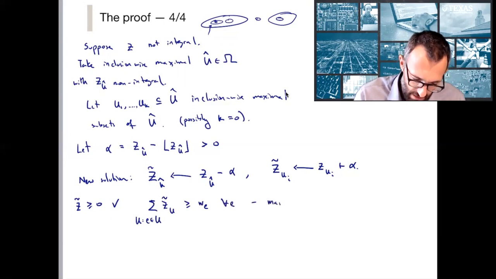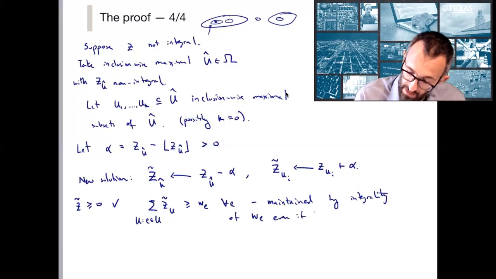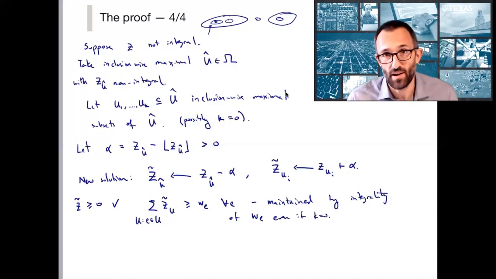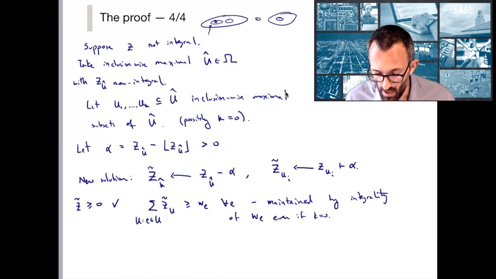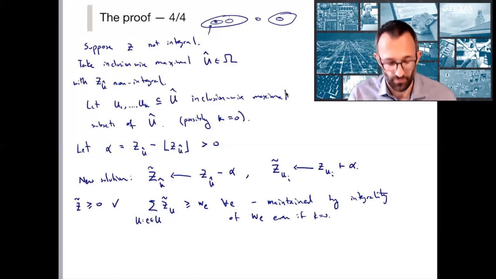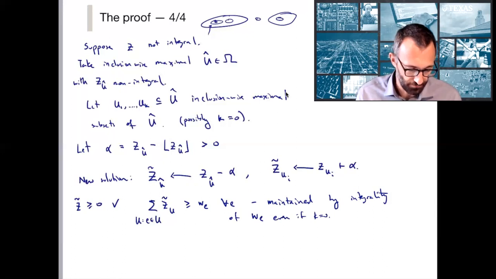This is maintained by the integrality of w e, even if k is equal to 0. So in the event that there are no subsets, k equals 0, I rounded down z u, but that's completely fine because w e was assumed to be integral. So there's no issue there.